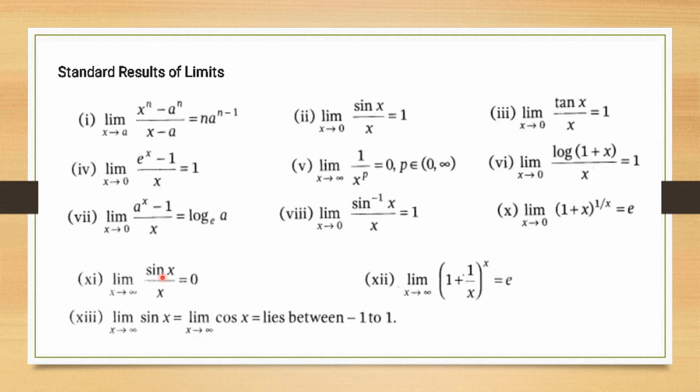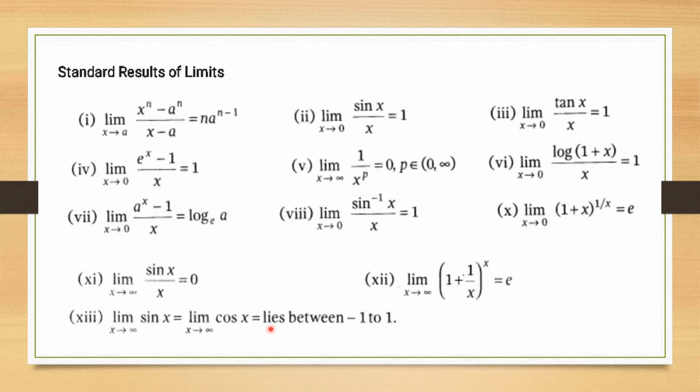Limit x approaches infinity, sin x upon x is 0. Then limit x approaches infinity, (1 plus 1 upon x) raised to power x is e. And limit x approaches infinity, sin x is equal to limit x approaches infinity, cos x. Why are they equal? Because you can't say that limit x approaches infinity of sin x is infinity.